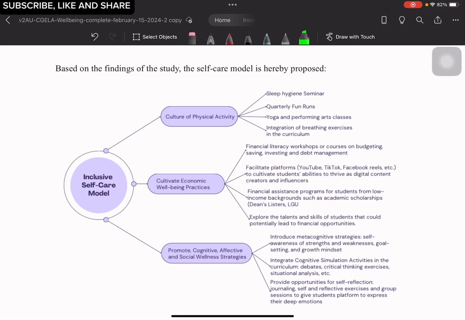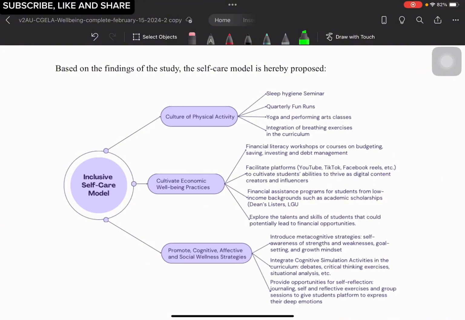So this study is considered as an action research wherein there is a specific output that is expected aside from the recommendation. A study that goes beyond the recommendation and produces a plan, a framework, an intervention program is classified as an action research.